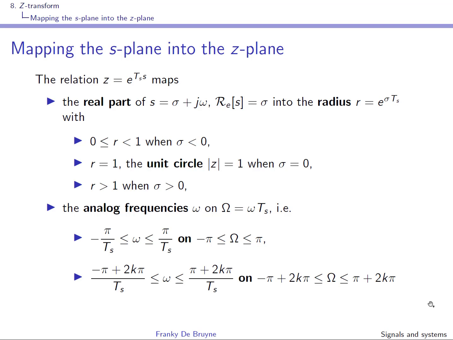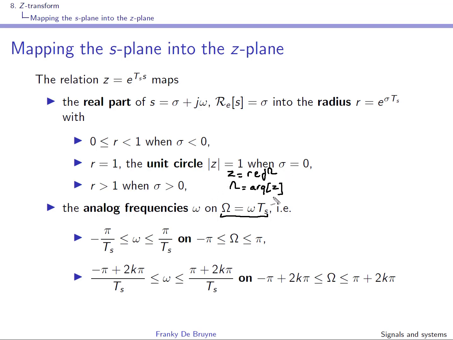What we'll do now is look at the link between the discrete frequencies and the analog frequencies, and we therefore have to consider this relation over here. This is the discrete frequency, and here we have the analog frequency. Remember that z is r exponential of j omega, and the discrete frequency omega is also the argument of z, right?